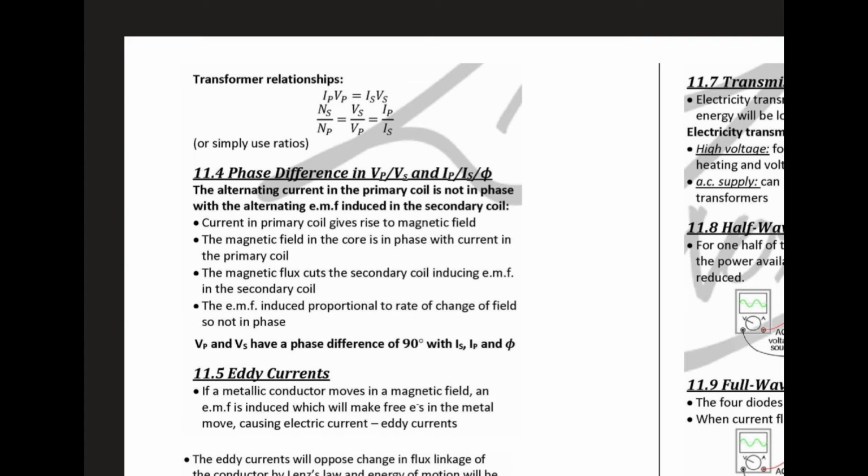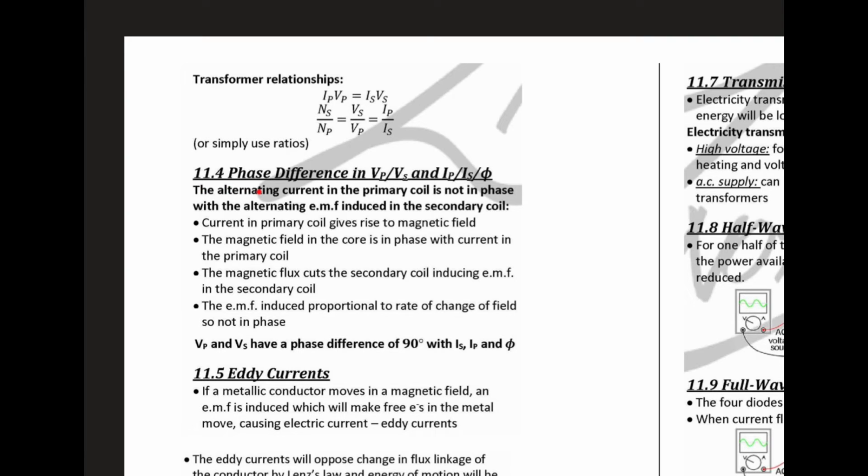11.4. Phase difference in VP or VS and IP, IS or phi. Phi is the magnetic field. Okay, the magnetic field. So now let's see the first point here.